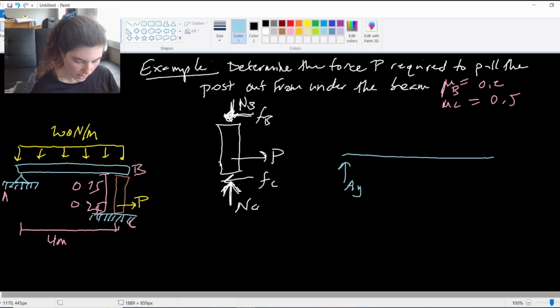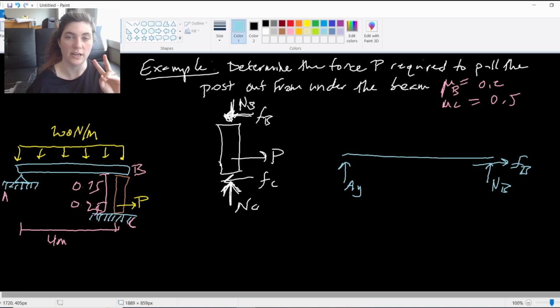I have an AY, my NB. Notice my NB and my FB are both on my free body diagram for the beam AB, but they're in opposite directions as they were at the post. So now my friction is flipped directions.